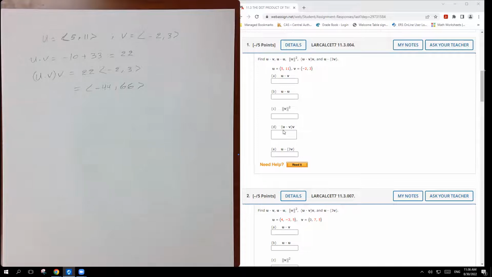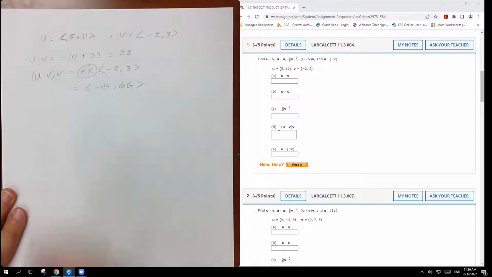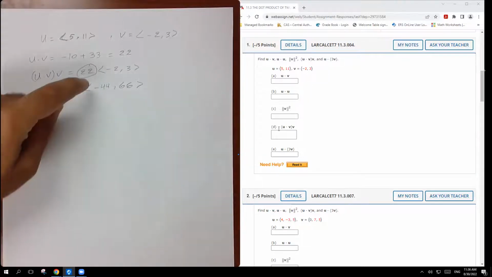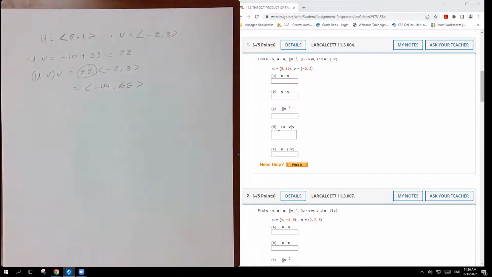Oh, I see what you're saying. Because when you multiply the dot product of u and v, the result is a scalar. The result is a number. And when you multiply the number by the vector v, you have to include the scalar, okay?